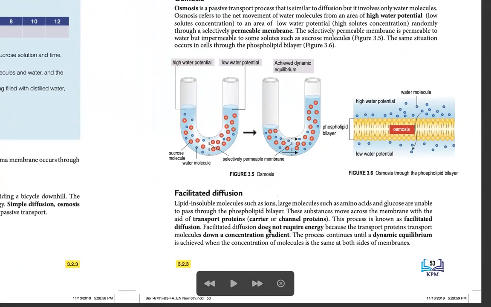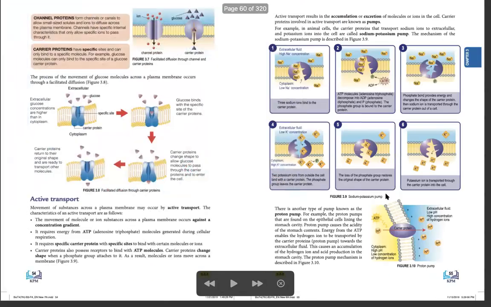Facilitated diffusion does not require energy because the transport is down the concentration gradient, macam tadi lah. The substance will go from a higher concentration to a lower concentration until dynamic equilibrium is achieved, where the concentration of molecules is the same at both sides. Okay, sama macam tadi lah. Ingat yang ni tak menggunakan tenaga.